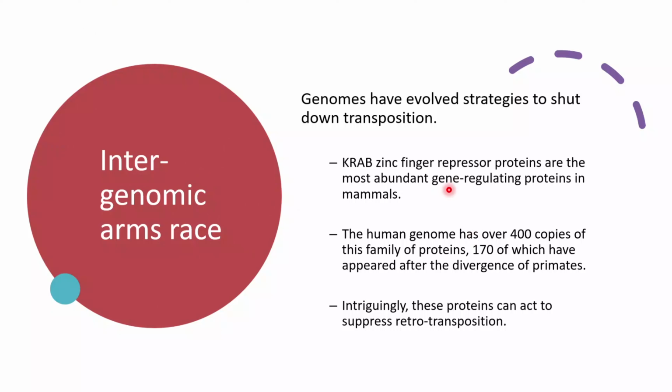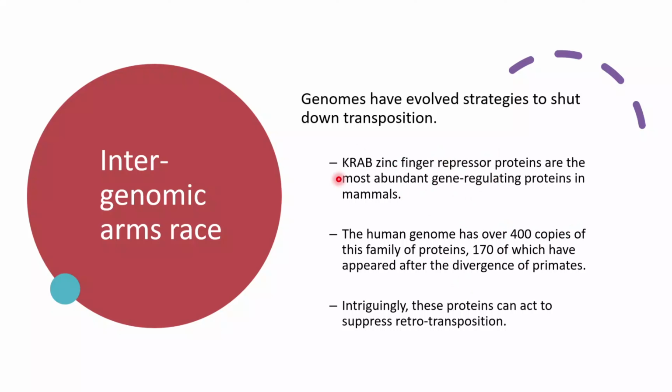One of the most numerous families of proteins is called the KRAB zinc finger repressor proteins. These are regulating proteins for these transposons. We have about 400 copies, and this has doubled since the divergence of primates.